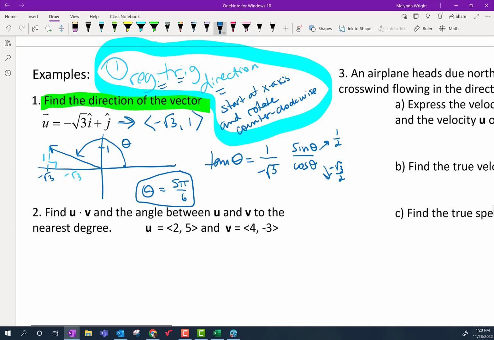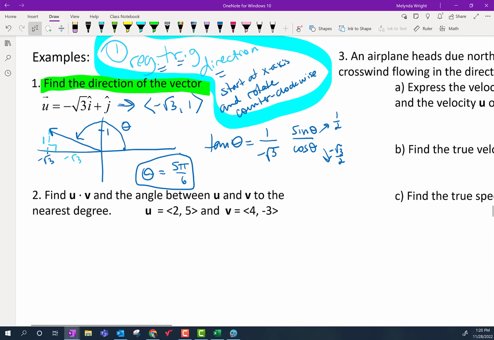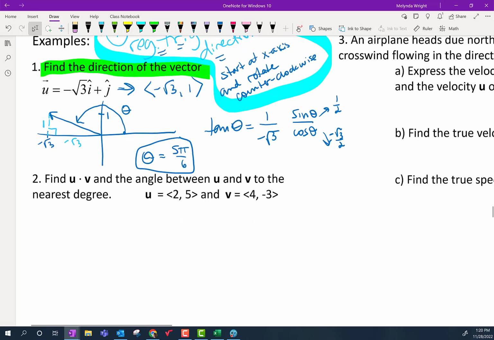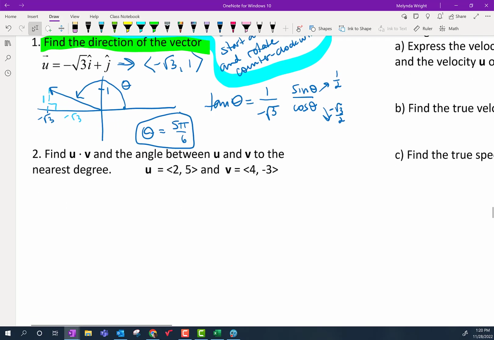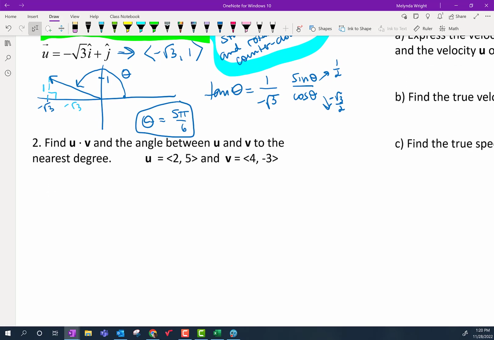Okay, so we're going to leave direction for just a moment and just find u dot v and the angle between u and v. So we're going to practice our dot product on number 2. Okay, so u dot v is just an operation we do on vectors. So u dot v is going to be equal to, and u dot v is just a number, so we're going to match the x's up.